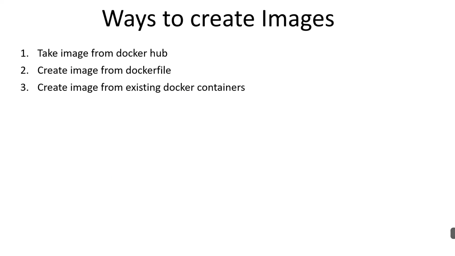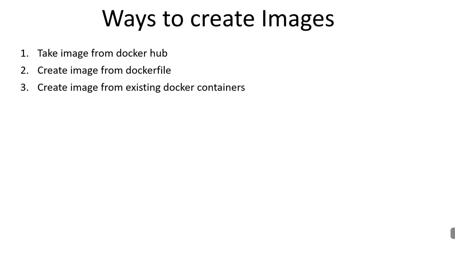So, ways to create an image. There are three ways. First is to take an image from Docker Hub, meaning the Docker registry. There are many images there, and according to our requirement, we can take that image and build a container.